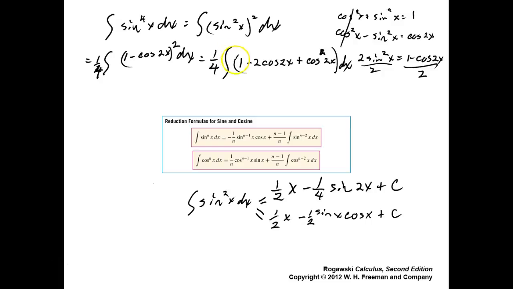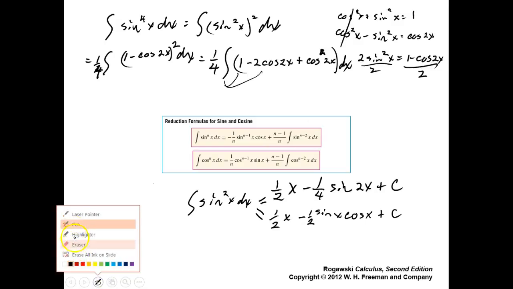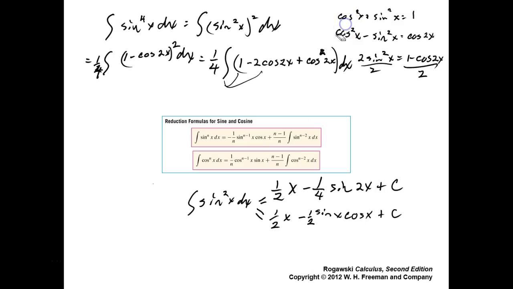I can do this part of the integral and that part of the integral pretty easily. That part we can't quite do, but remember the same formula we have up here? Now, what we do, another trick here, is add those two together.